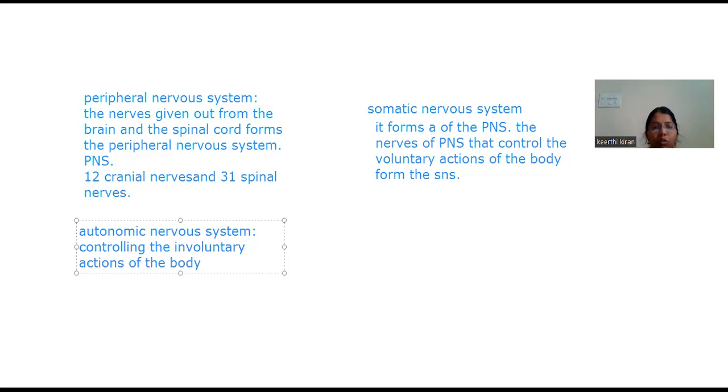The two divisions of the autonomic nervous system are the sympathetic and parasympathetic nervous systems. The sympathetic nervous system prepares the body for intense physical activity and is often referred to as the fight or flight response.